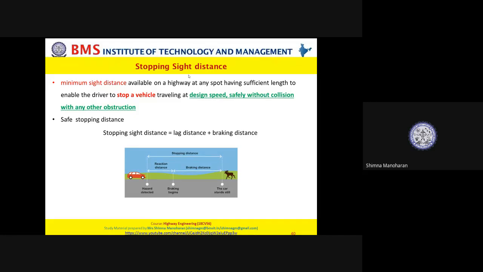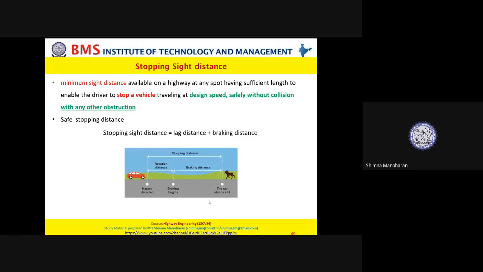Is this concept clear? So this will be the minimum distance that should be available on any highway, provided the driver is moving at the design speed and the driver is able to stop the vehicle without any collision with the obstruction. Okay, the driver should be able to stop the vehicle safely without any collision.